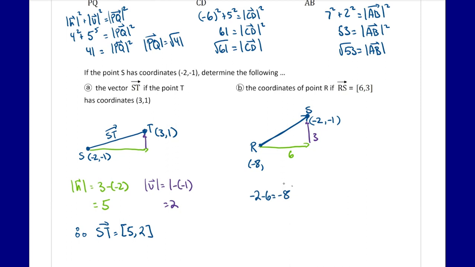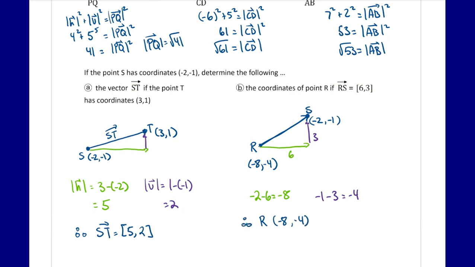Let me put this in green. And then for the vertical, -1 minus 3 equals -4. So that means the point R is -8, -4.